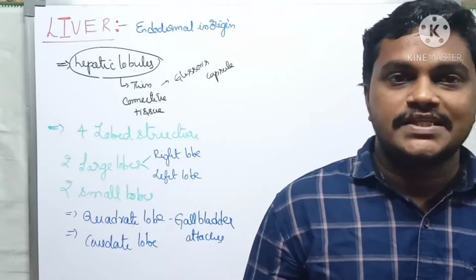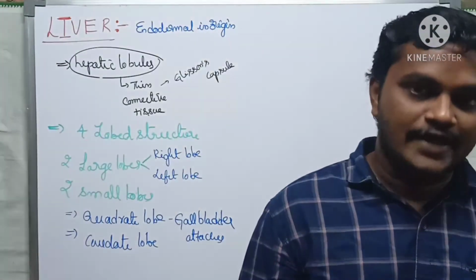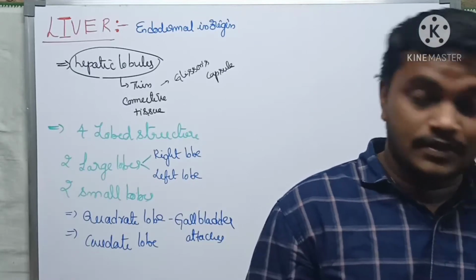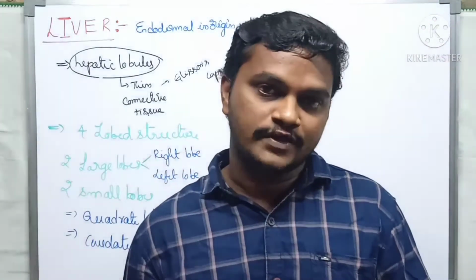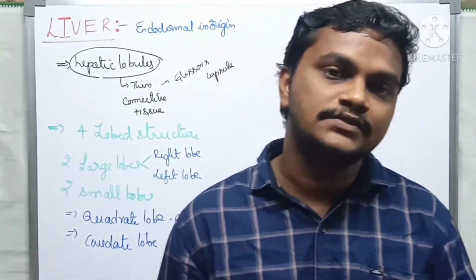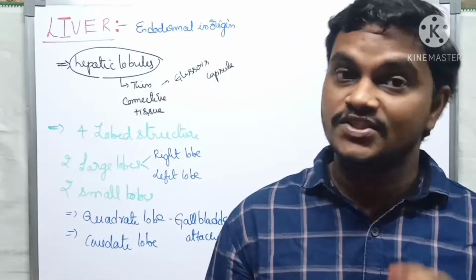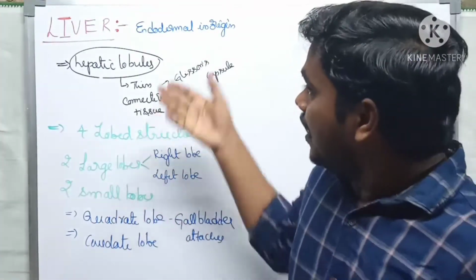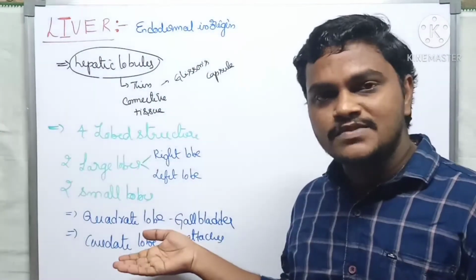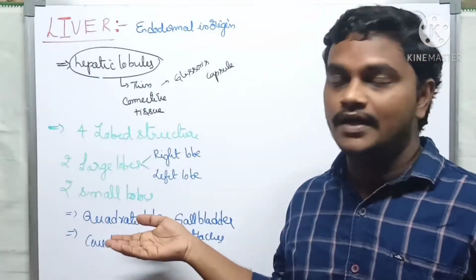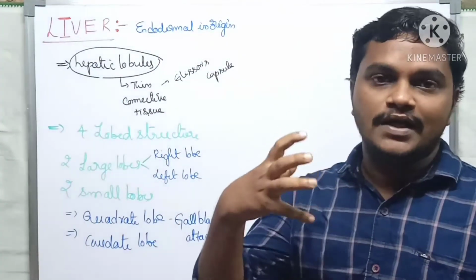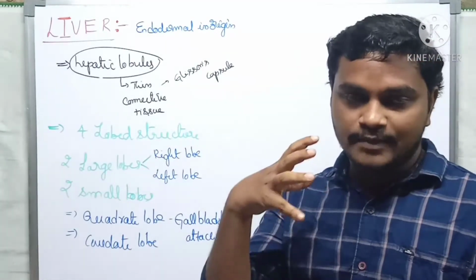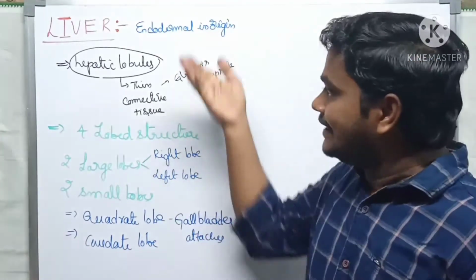Next we will see the functions of the liver. The liver is the busiest organ in our body. A small abdominal organ, the busiest gland, it performs a number of functions. I already told you there are peculiar functions in our body, and they are discussed here.